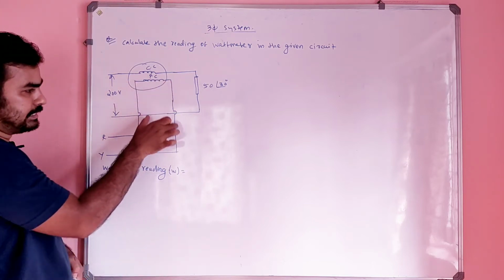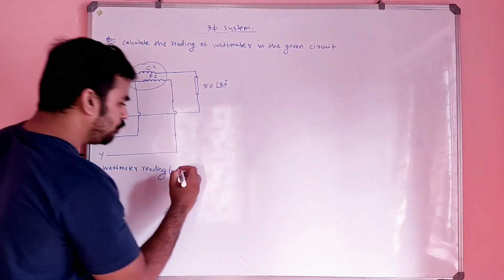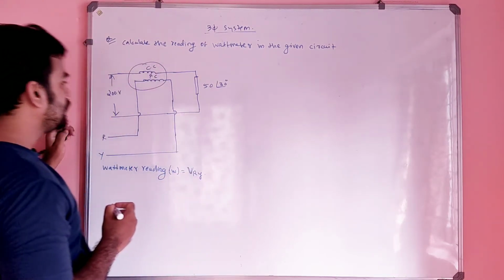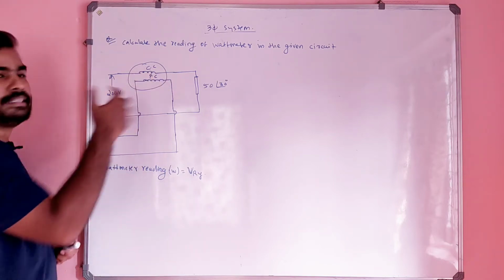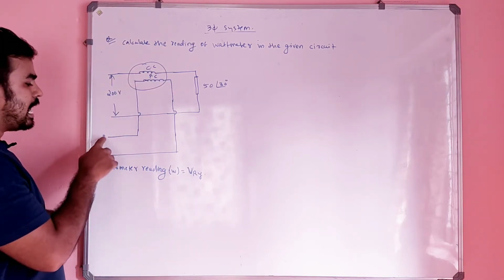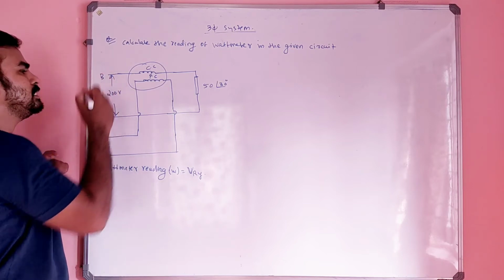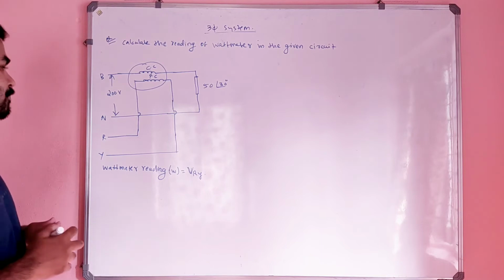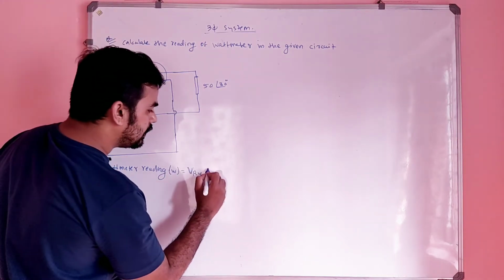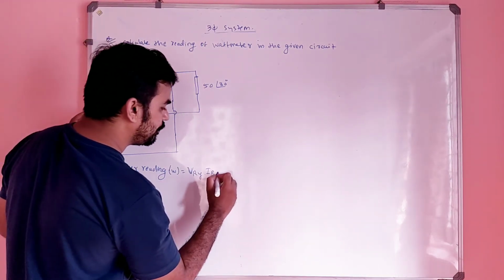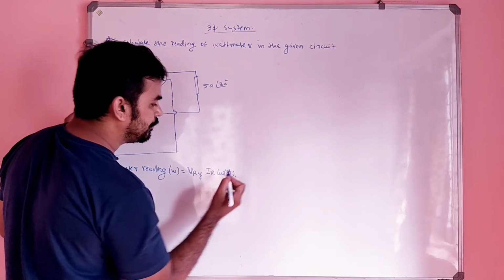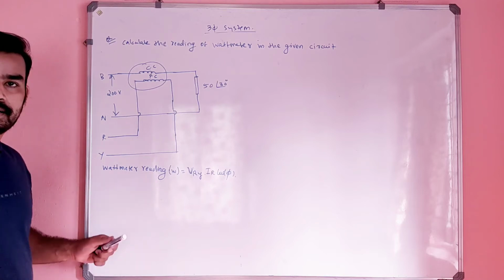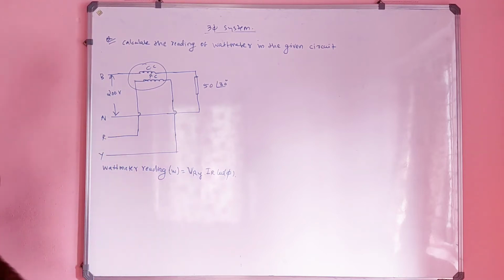The pressure coil is connected across R and Y. Suppose RY is there, so I can assume this as B, and the return is there, I can assume this as N. No issues there. So IR into cos phi, where phi is the angle between voltage and current. So this will be the wattmeter reading.